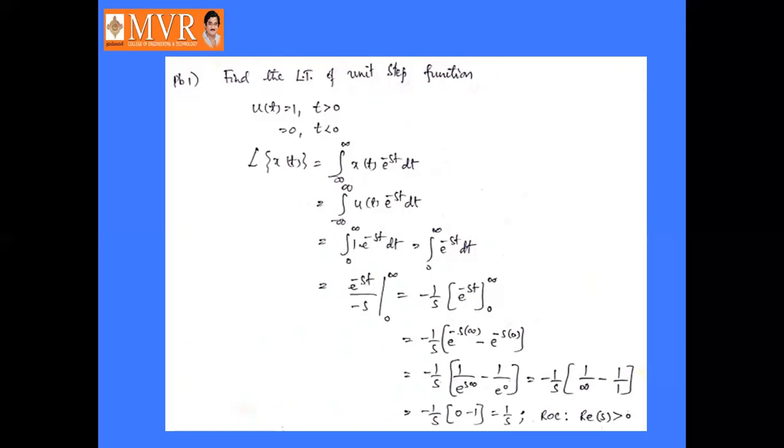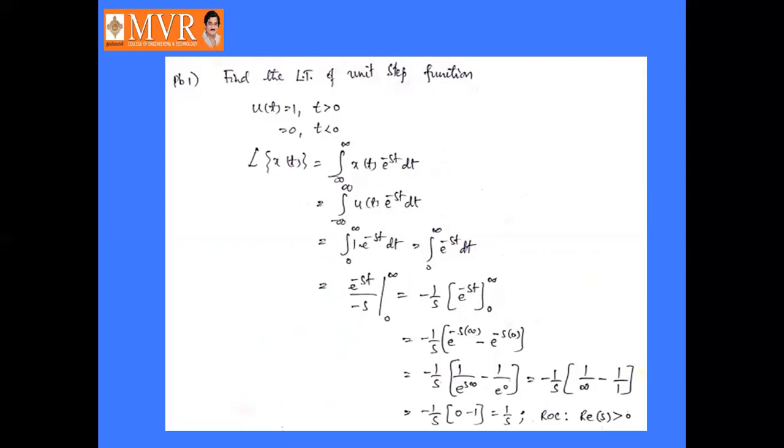Then find the Laplace transform of the unit step function. So u of t is 1 for t greater than 0, and it is 0 for t less than 0, right? So it is integral from 0 to infinity, 1 into e power minus s t dt.